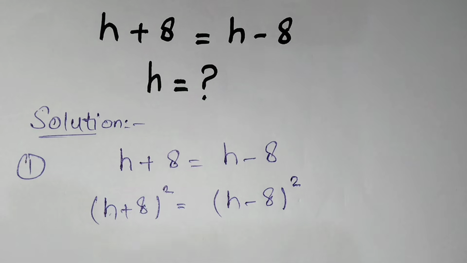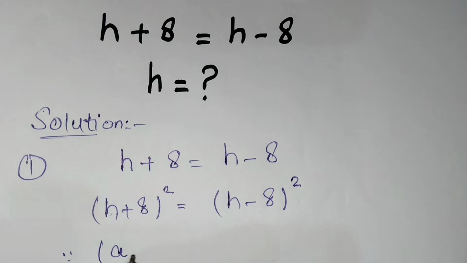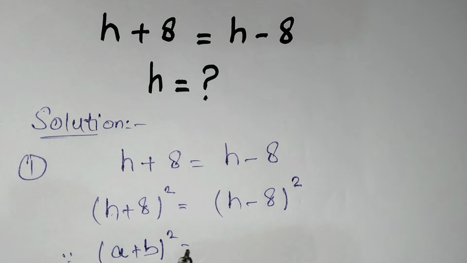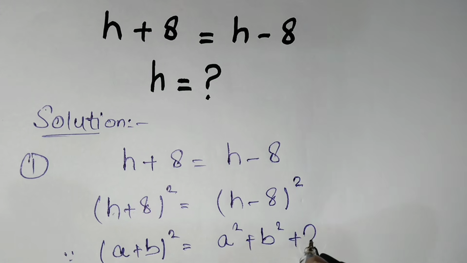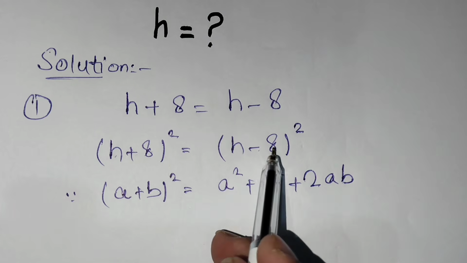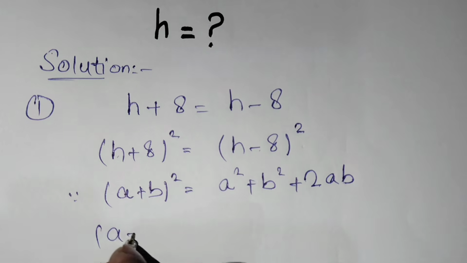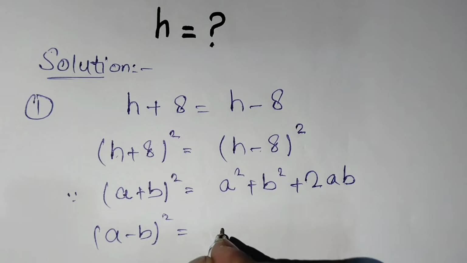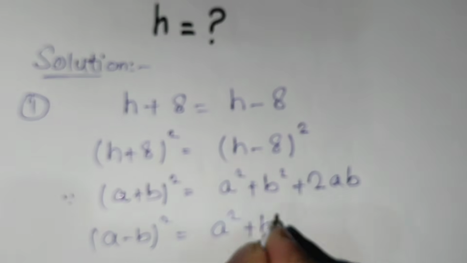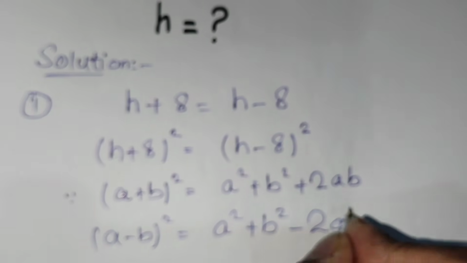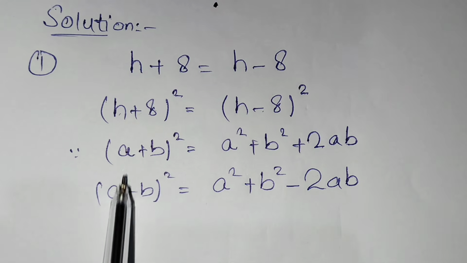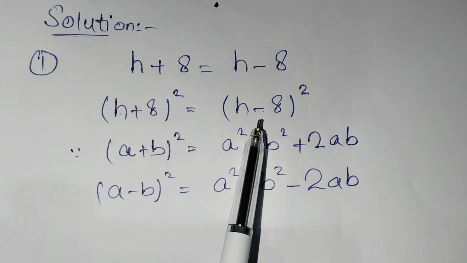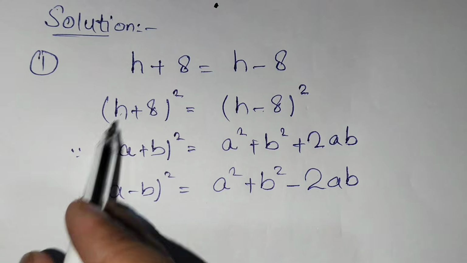This is (a plus b) whole square, which is equal to a square plus b square plus 2 into a into b, and this is (a minus b) whole square, which is equal to a square plus b square minus 2 into ab. We will use both of these formulas on the left hand side and the right hand side respectively.